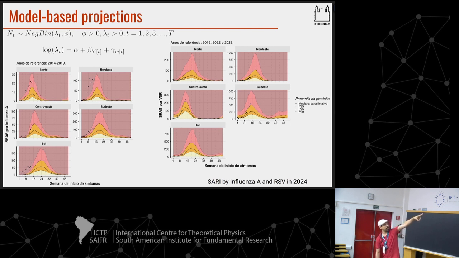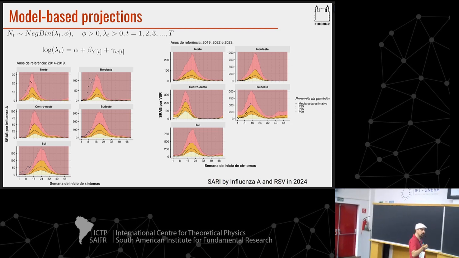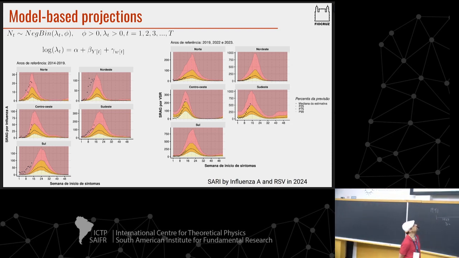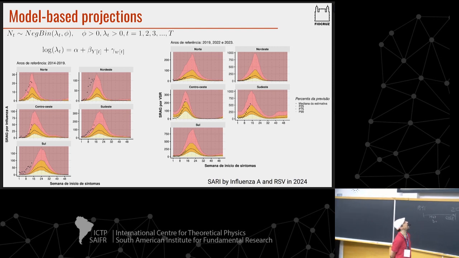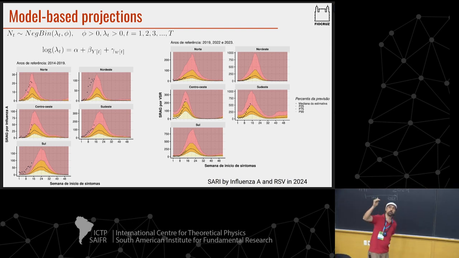Because it's more or less aligned with what we expected, although for the Center-East, it started a little bit lower, and it's already at the red region there, but the profile is more or less the same. The Southeast, more or less the same thing. So higher activity, but within the expected time frame, and we might say that it's already getting closer to reaching its peak. Okay? Is it clear?